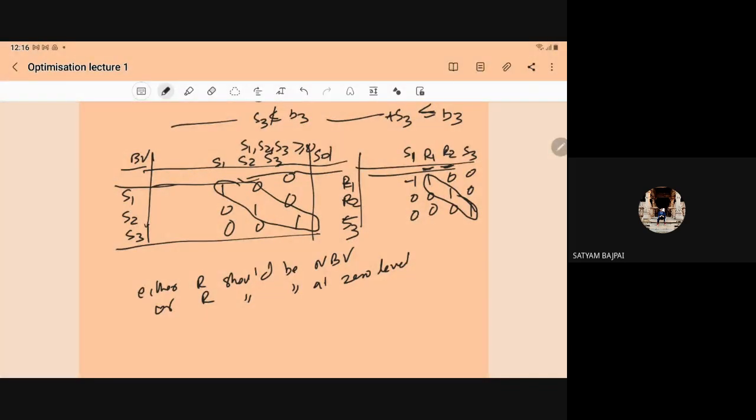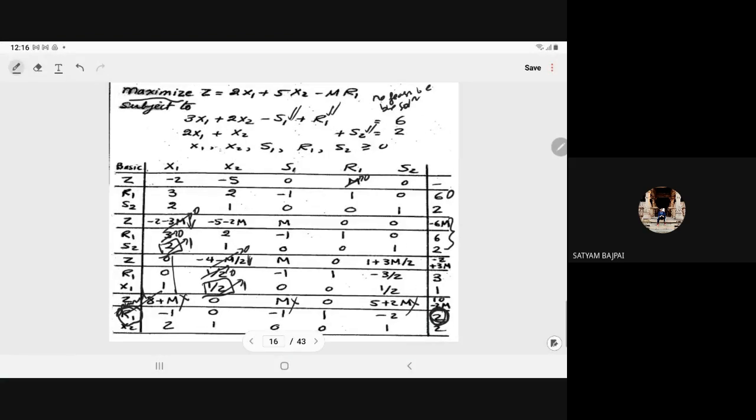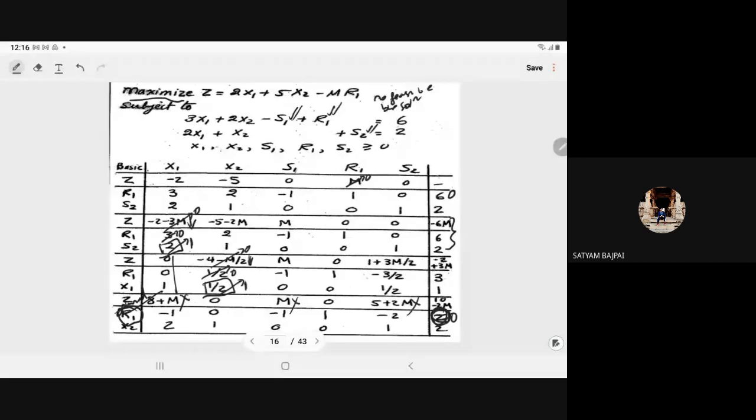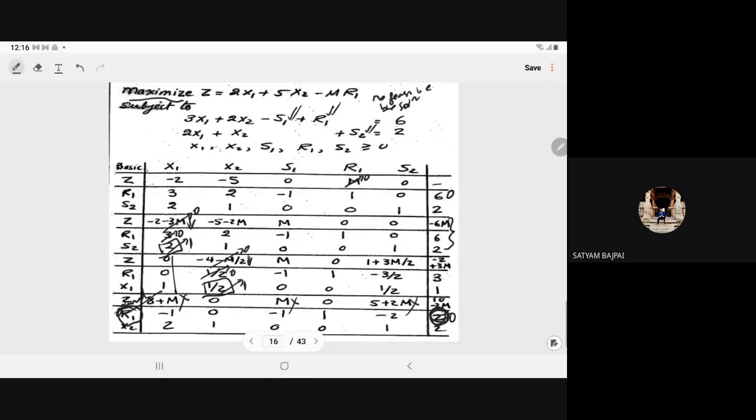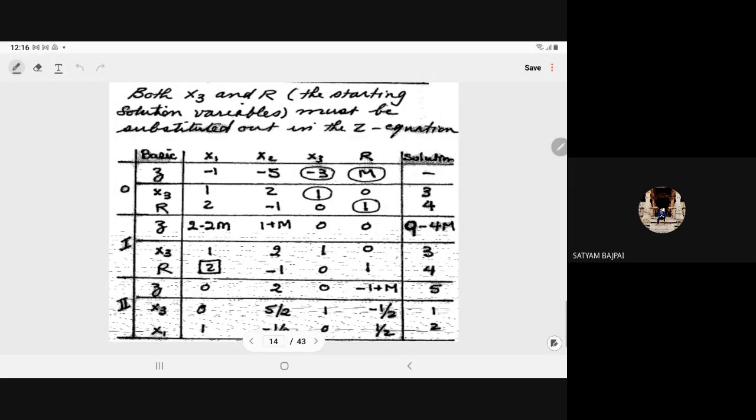If it is the basic variable, then it should be at zero level, right? Otherwise, it should be a non-basic variable to get the feasible solution. If the problem has a feasible solution, then R must be at the zero level. Instead of the 2, it must be the 0. Then it gives the feasible solution, or R must be a non-basic variable.